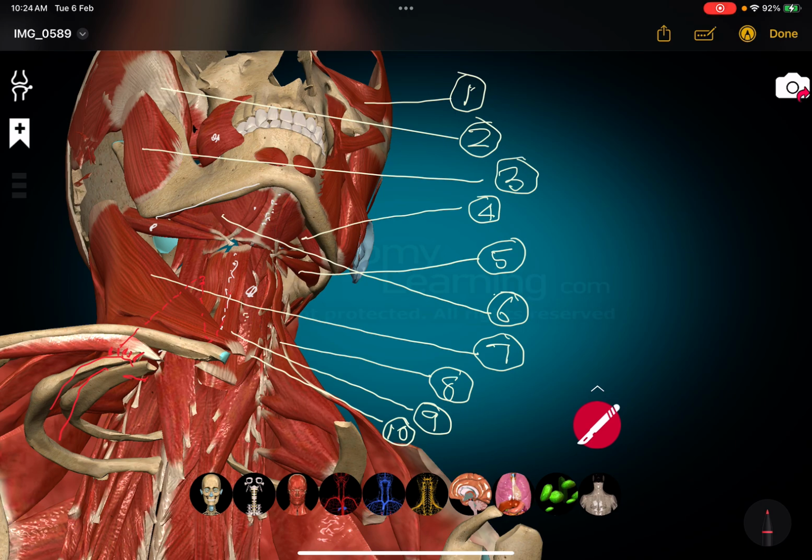And then from the second to the fourth of the tracheal cartilages is the relation of the isthmus, and the two lobes of the thyroid gland rise upwards from the isthmus.